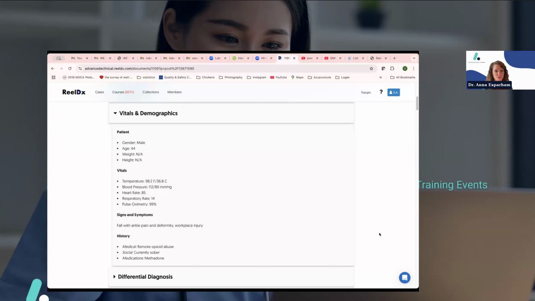So he's male, he's 44. We don't have his weight or height right now. It looks like he is a little bit on the heavier side. His vitals look great. And then he had a fall. He twisted his ankle with a subsequent deformity and really significant pain.